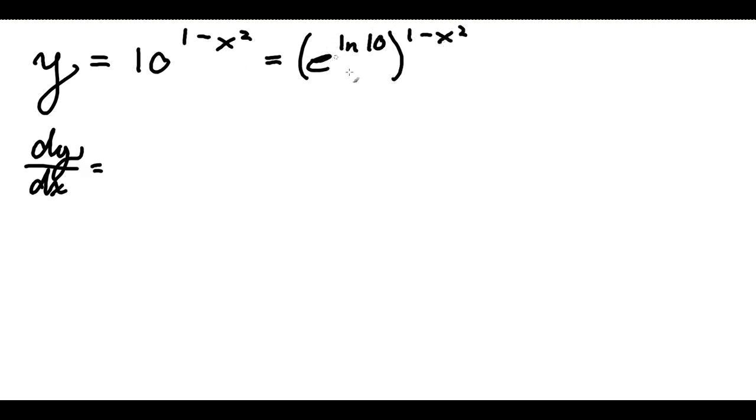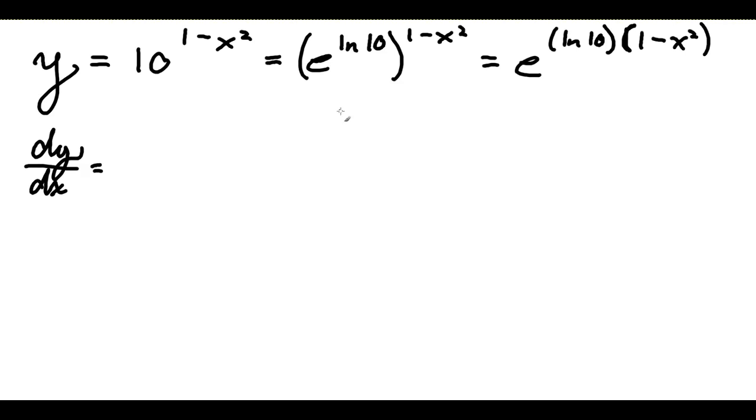Now if you remember your exponential properties, log 10 is a constant, so if e to a power, that is e raised to the power of the product of the powers, e to the log 10 times, parentheses, 1 minus x squared.